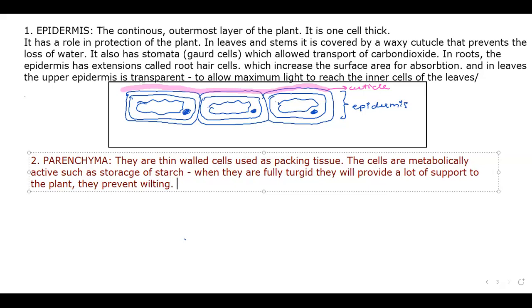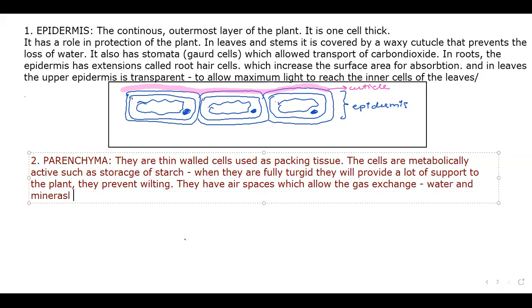Then they have air spaces, which are really important because they allow the gas exchange to take place. And water and minerals are also transported through the cells.